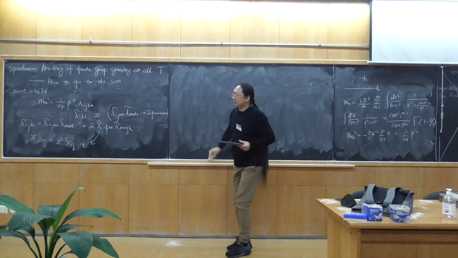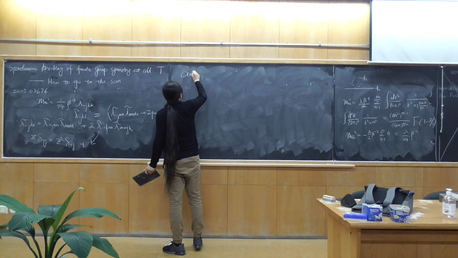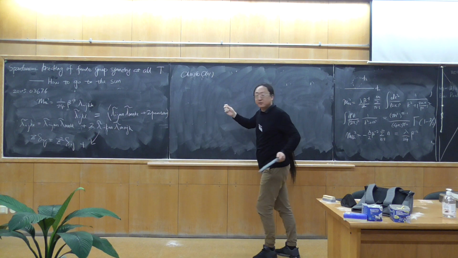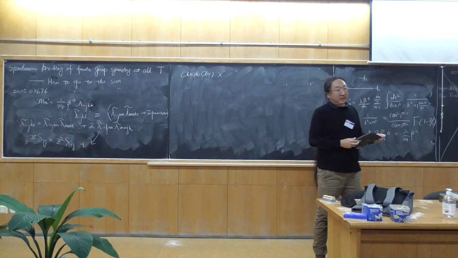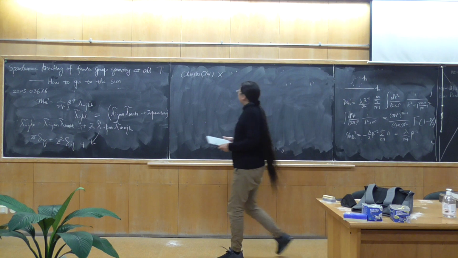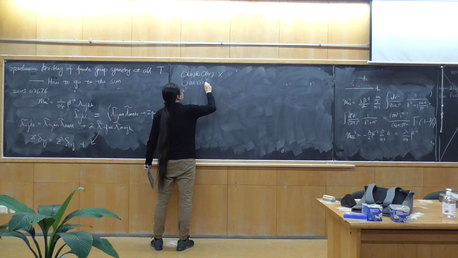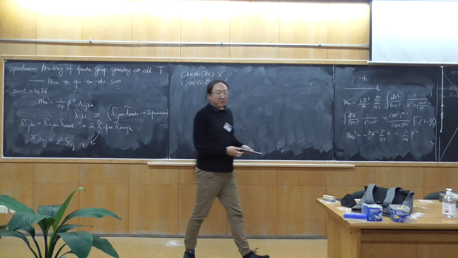It turns out that ON times ON model that I explained, I wrote down a little bit earlier, it turns out this is not working. There's no fixed point with negative some raw mass. What you need to do is to go to OM times ON, and you have to choose M and N to be different, and you will find a particular fixed point.